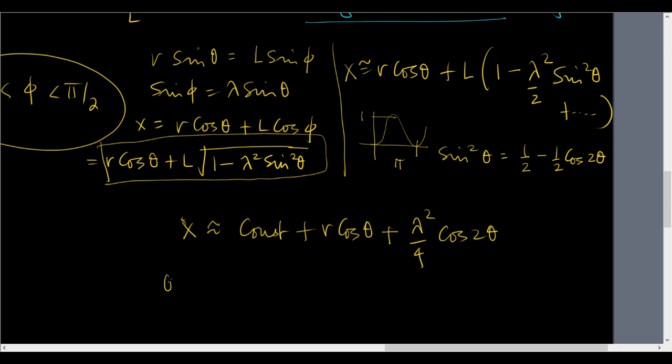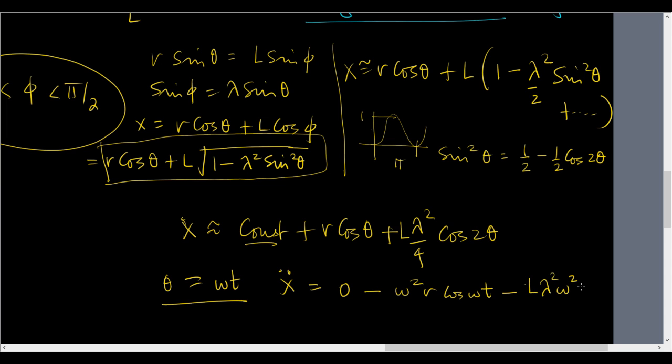If theta is equal to omega t, then x double dot is equal to, from here, 0, minus omega R sine, omega square R cos omega t minus, and there's going to be a 4 omega square coming from there, so lambda square, there's something wrong here, that is supposed to be multiplied by L. Okay, so now this is equal to L, the 4 will cancel here, L lambda square omega square cos 2 omega t.